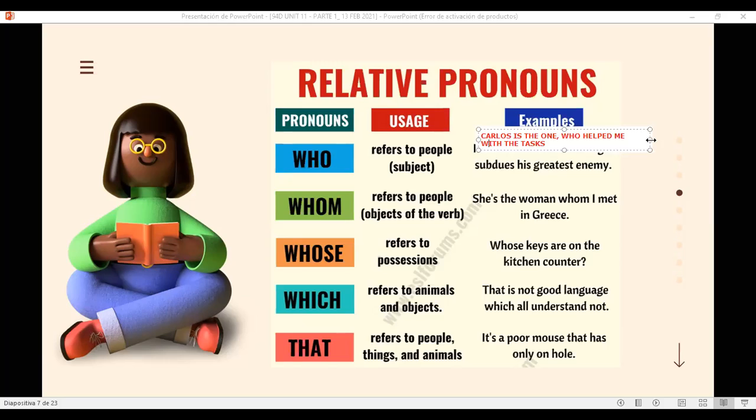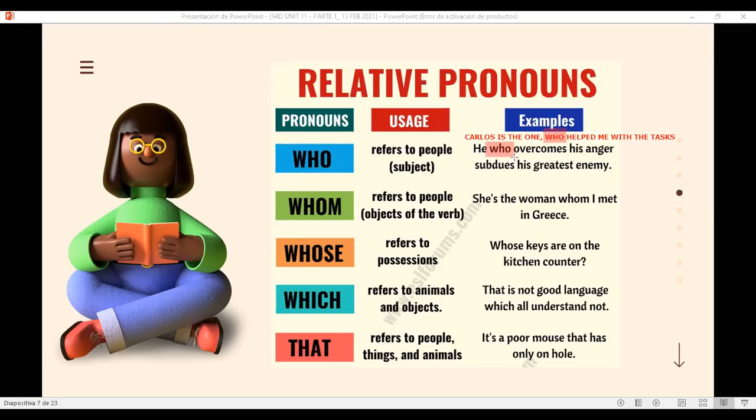Él fue el que me ayudó con las tareas. Look at this. Okay, when we're talking about people, don't forget you need to use the relative pronoun who.